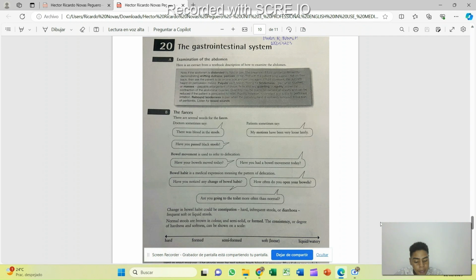Then ask the patient to lie on one side and percuss again. If fluid is present, the dull note on percussion moves. Palpate each region, feeling for tenderness, pain when touched, or masses.